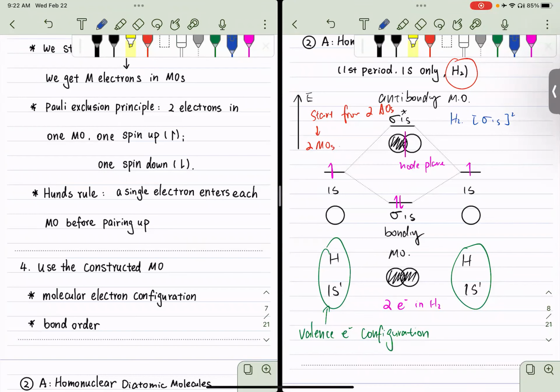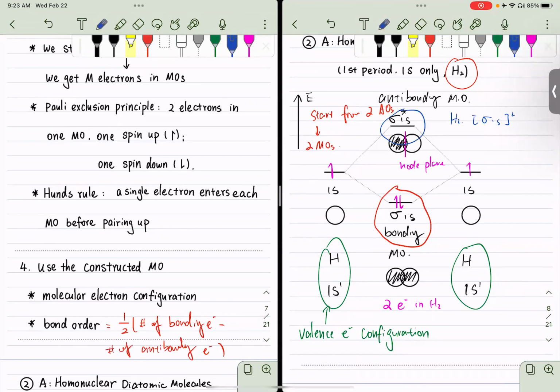You can also use the molecular orbital diagram to calculate bond order. By definition, the bond order equals 1/2 times the number of bonding electrons, that's the electrons in the bonding MO, minus the number of anti-bonding electrons, that's the electrons in the anti-bonding MO.